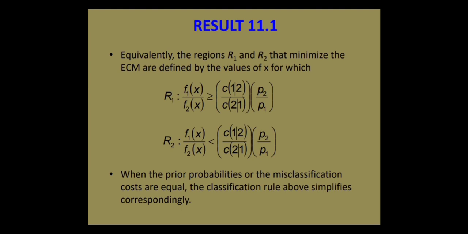Right, so this is a formula to define the region. Region 1 more than or equal, region 2 will be less than. If we have all these values, cost of misclassification and also the prior probability, so we can define the region.